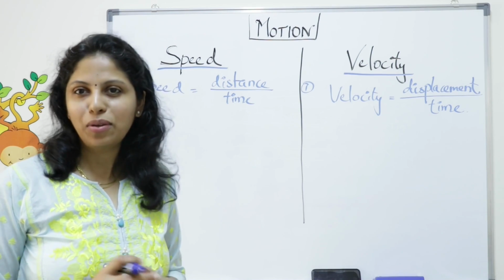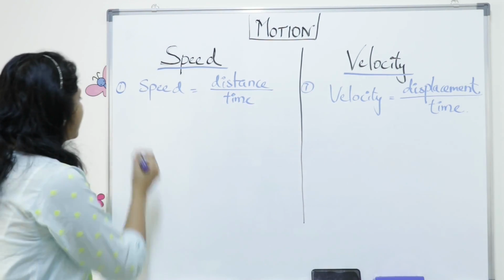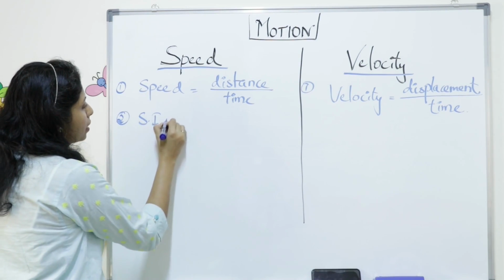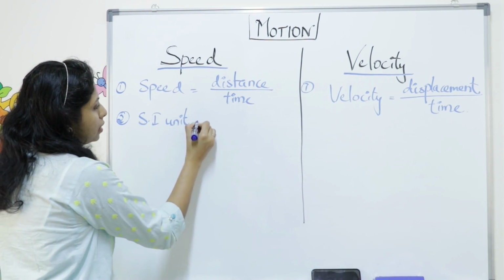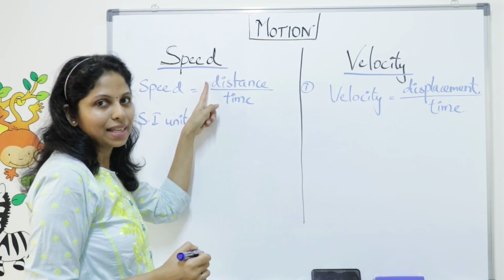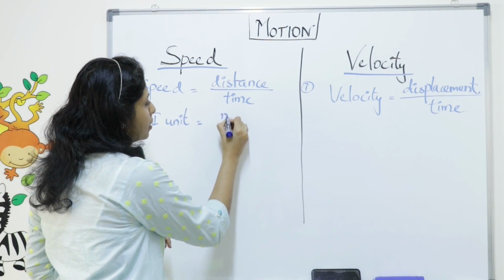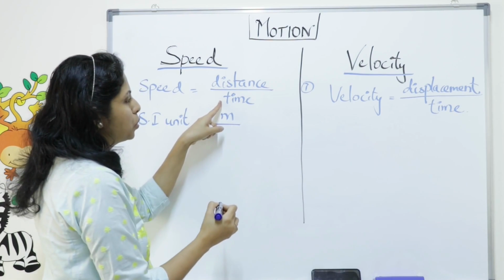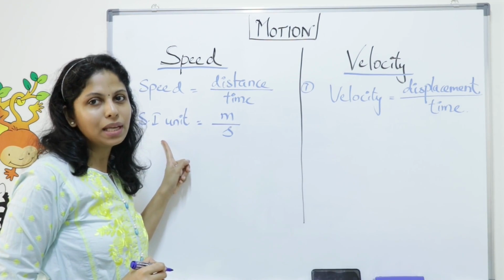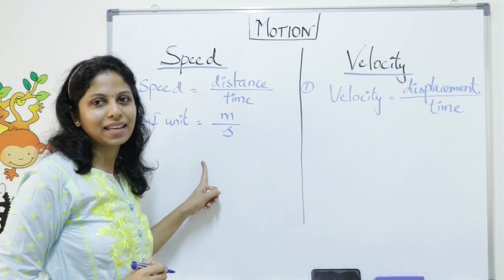Now, what is the SI unit of speed and velocity? The SI unit of distance is meters, and the SI unit of time is seconds. So the SI unit of speed is meters per second.